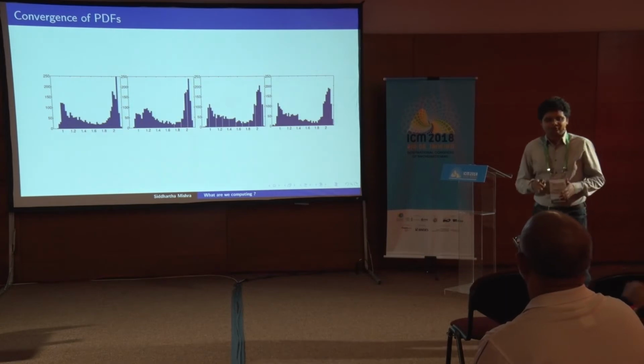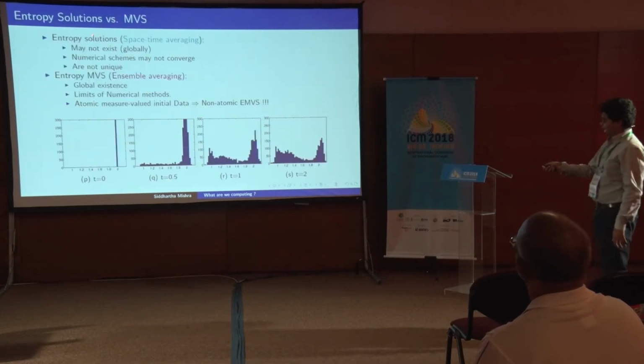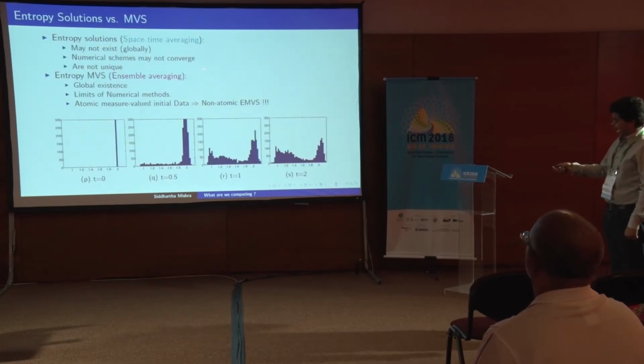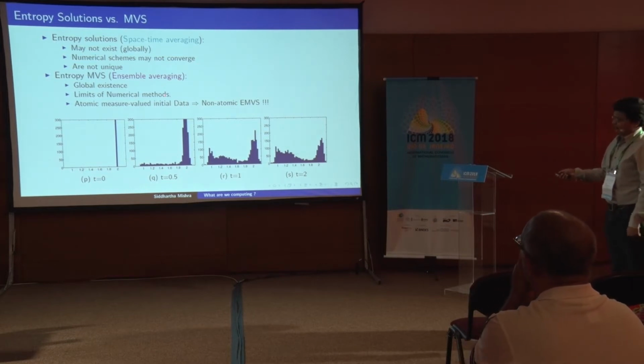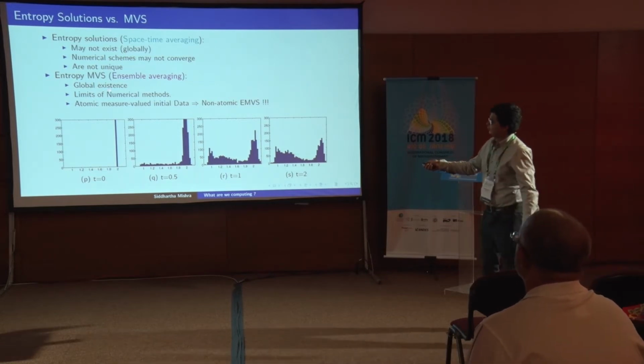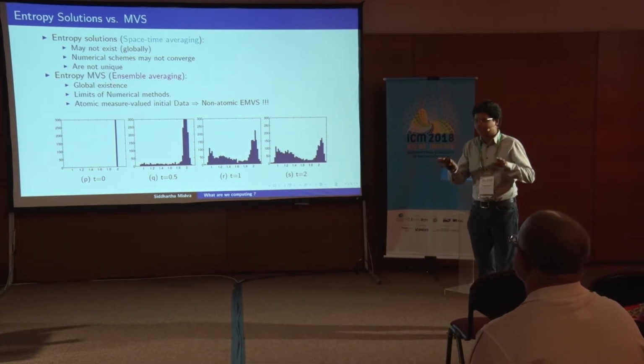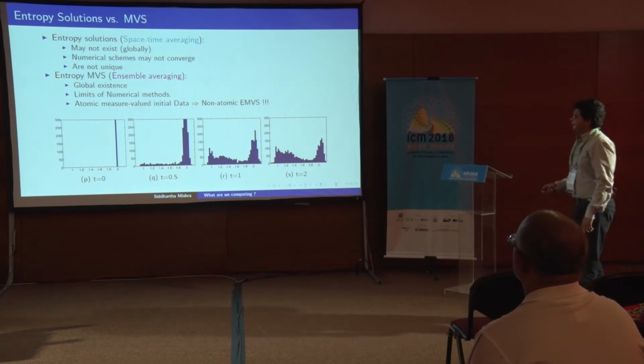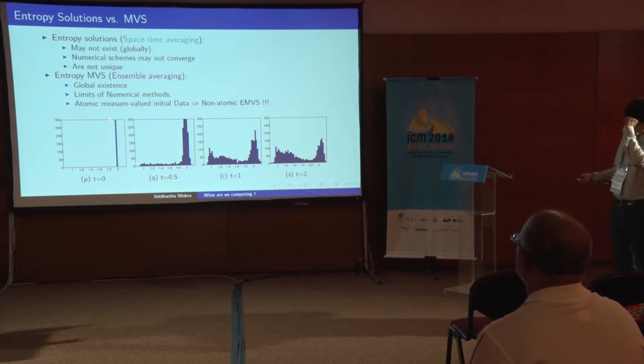So in contrast to the deterministic case, in contrast to entropy solutions, remember space-time averaging, with ensemble averaging, what we have is that these are limits of numerical methods, and as a consequence, we have global existence, even in multi-space dimensions.